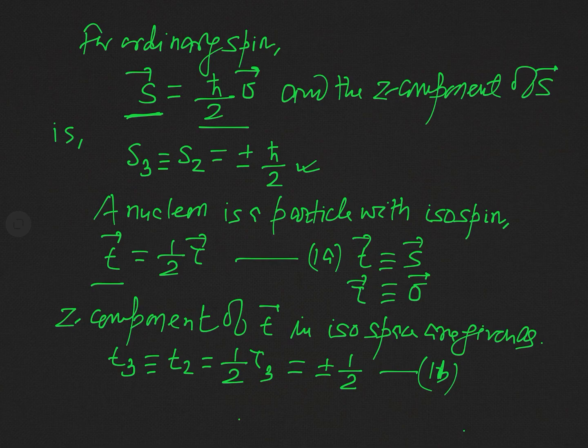In fact, this T3 has the value plus half for proton and the value minus half for neutron. Although it is just a convention, we may take the opposite convention.